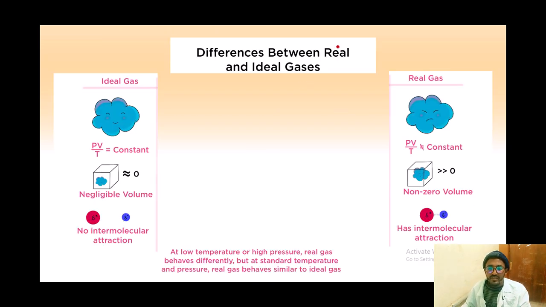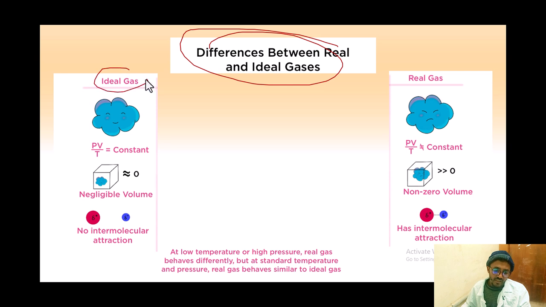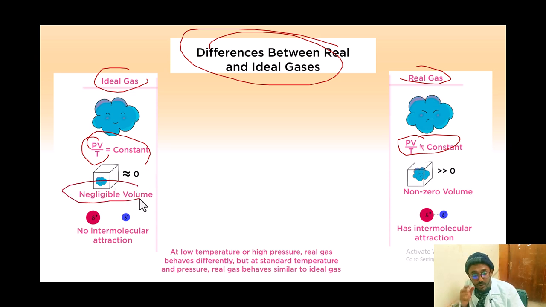Now let's see the difference between real and ideal gas. For an ideal gas, PV over T is constant because we're talking ideally, but in a real gas, PV over T is not constant. And here we consider negligible volume, as if there is no volume, but in a real gas there is still non-zero volume.